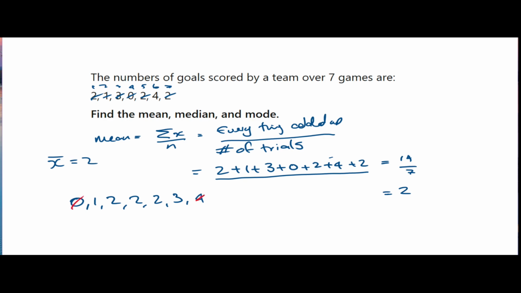So bottom, top, bottom, top, bottom, top, median. So the median is 2, and then the mode, well, the mode is the most common one. It's pretty obvious it's going to be 2. It occurs 3 times. It's going to be 2.